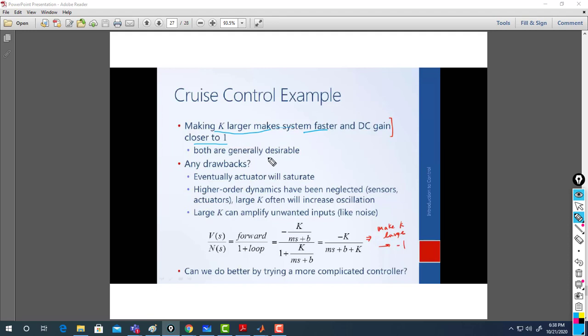Both are generally desirable characteristics, but you have drawbacks. The actuator will saturate, and your system can amplify unwanted inputs like noise, because when K is large, this will tend to -1. We demonstrated it. V over N, we found it, and it tends to -1.